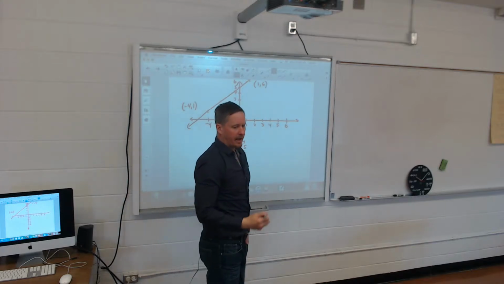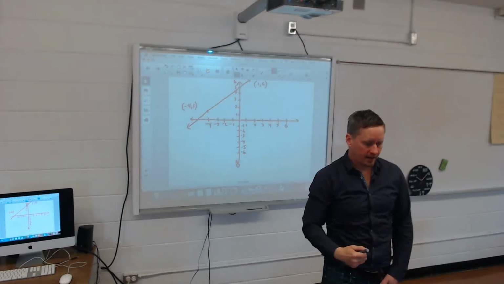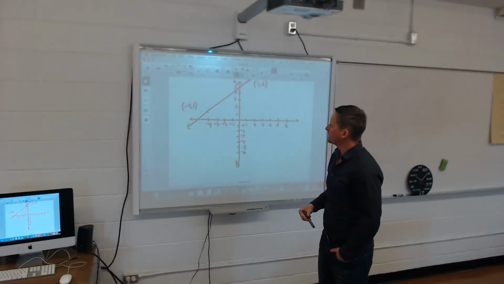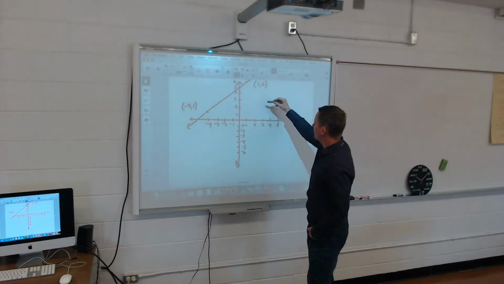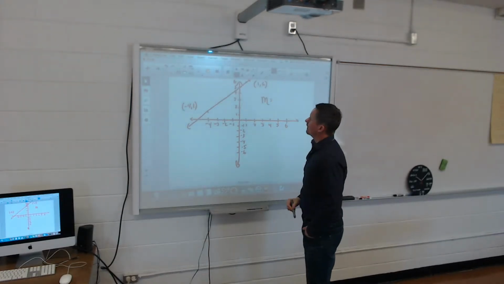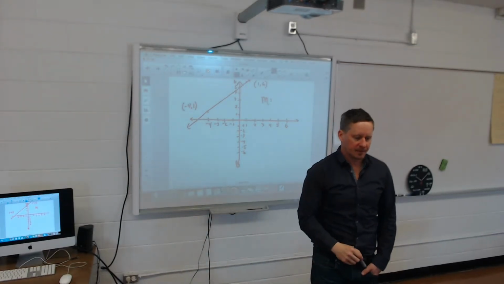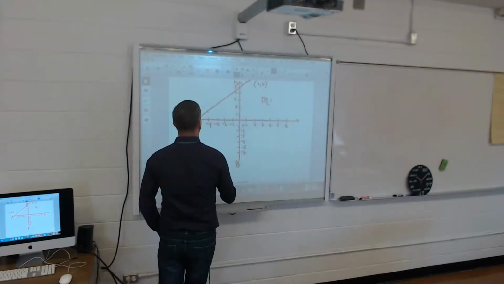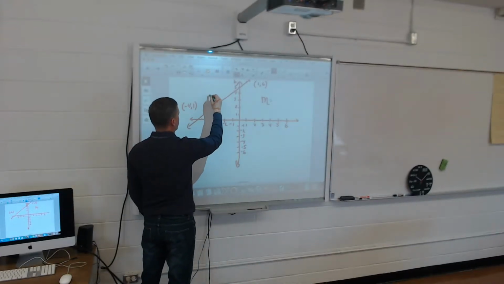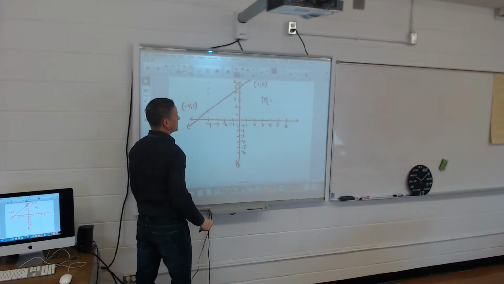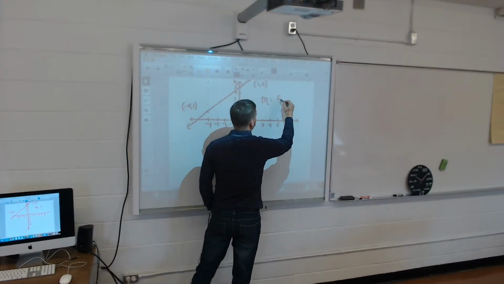So what I do then is I count how far to get my slope. I count how far up does it go. So I would count it all the way up: 1, 2, 3, 4, and 5. So it goes 5 up.